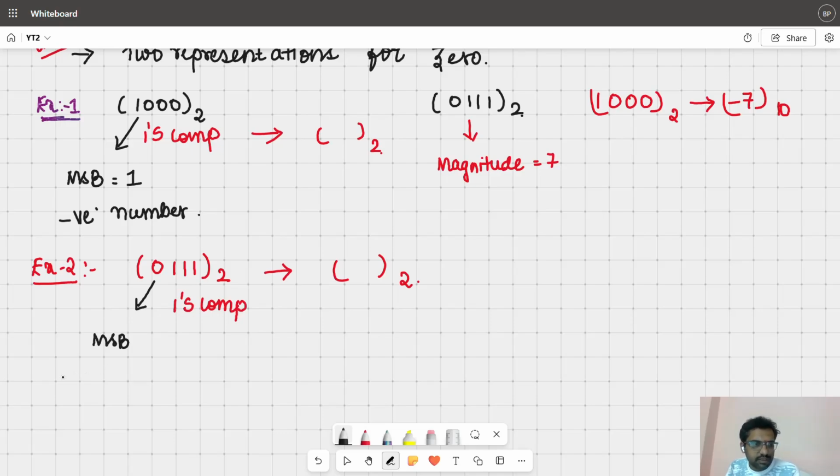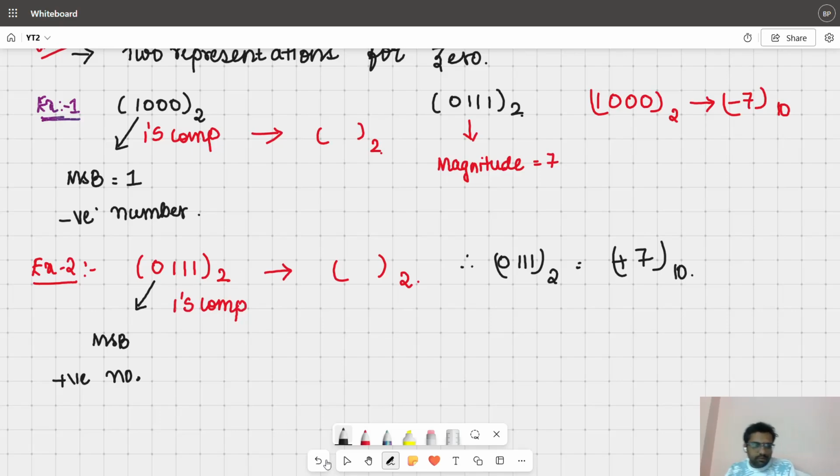If the MSB is 0, it represents a positive number. So now the magnitude is 7. Therefore, 0111 to the base of 2 represents plus 7 to the base of 10. So this is how we can convert a ones complement equivalent number to the actual form.